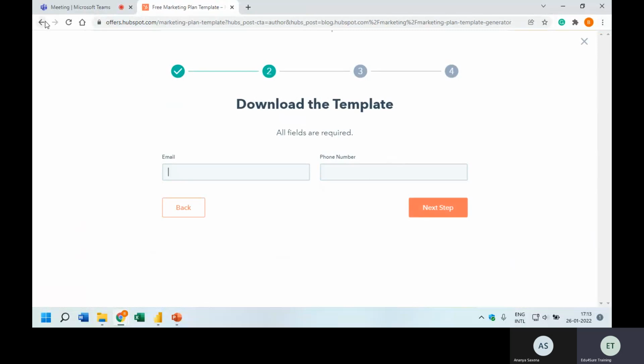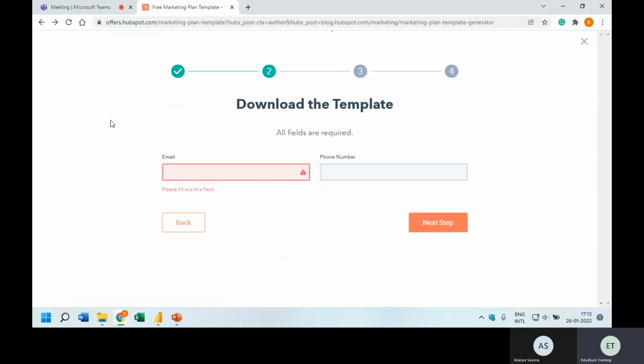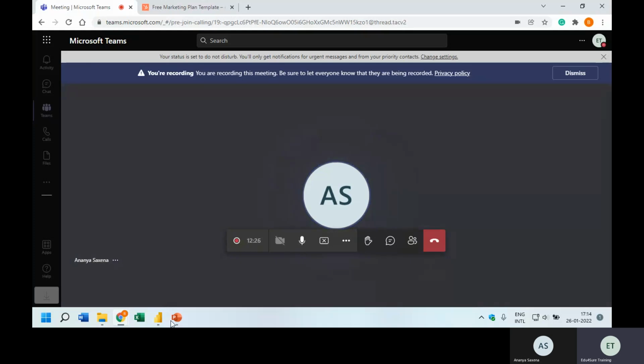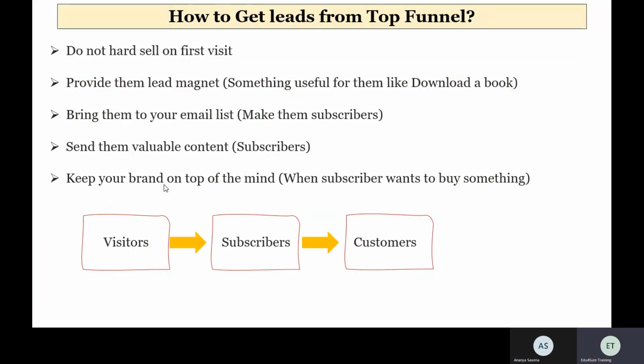What HubSpot is trying to get is my email. I am one of the leads interested in this particular marketing plan template, and they are giving me a magnet, and also getting me into their newsletter subscription. They will keep sending information and offers to my email. We always see on different websites, if you want a cheat sheet or a guide, you can get it.